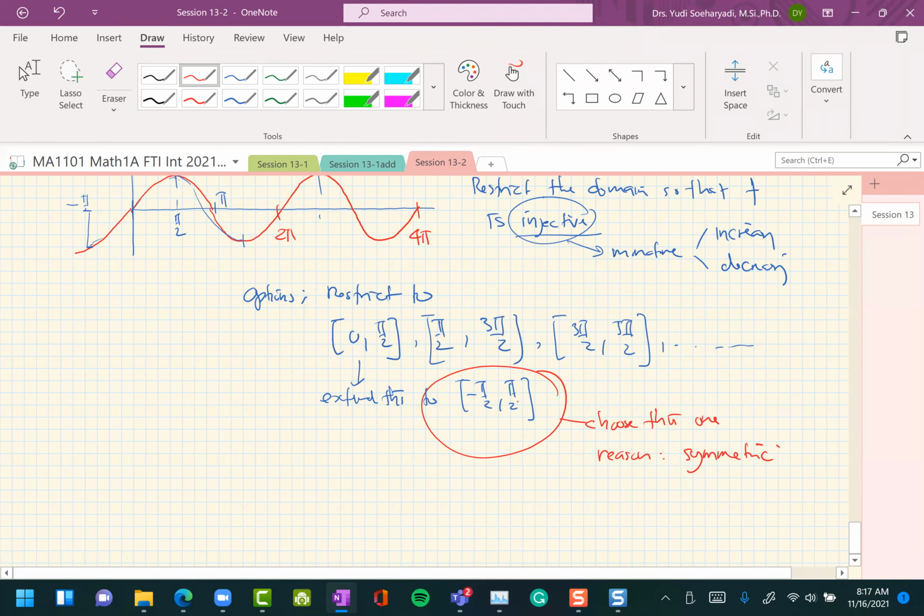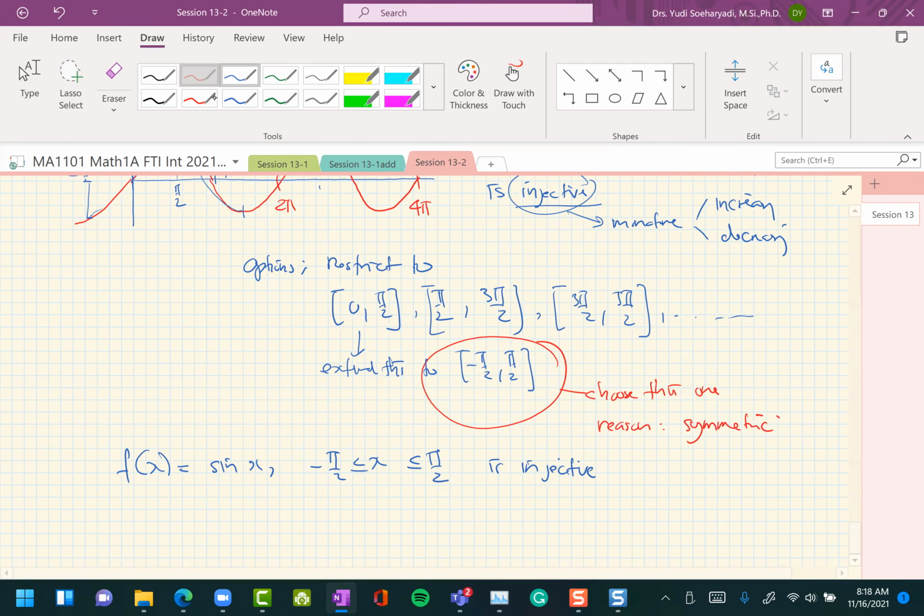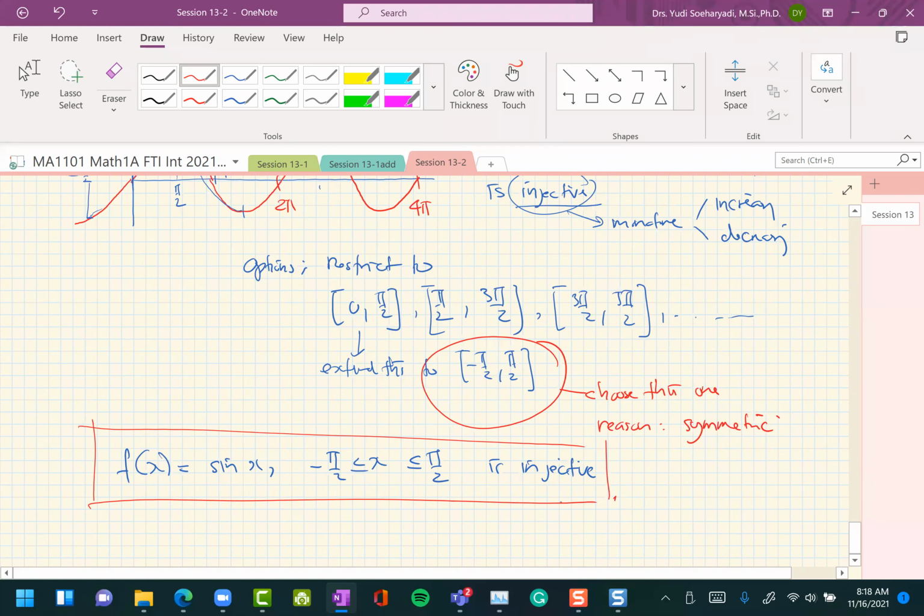So then this is what we have now. F of x, where x is restricted, is injective.